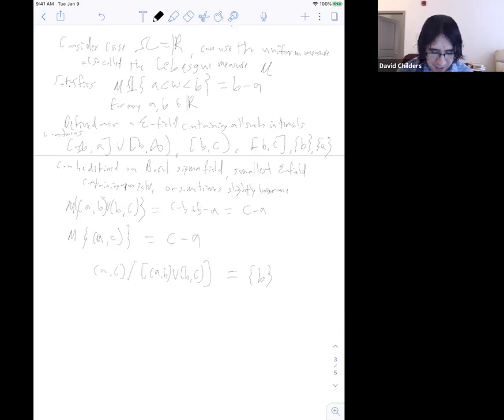And so what this says is that the measure of the singleton B, by taking the sum of the singleton B and this set that excludes it, has to add up. And so the measure of B has to equal 0.